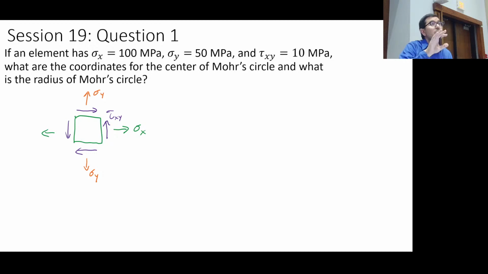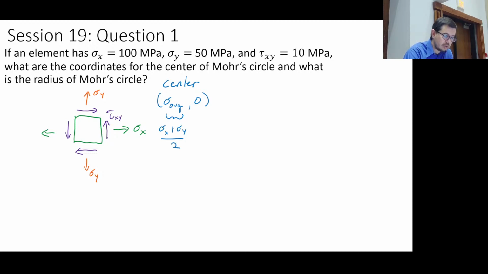So the center is going to be at sigma average, comma, 0. That's just what we showed in the derivation. So what is sigma average? Sigma average is just sigma x plus sigma y divided by 2.